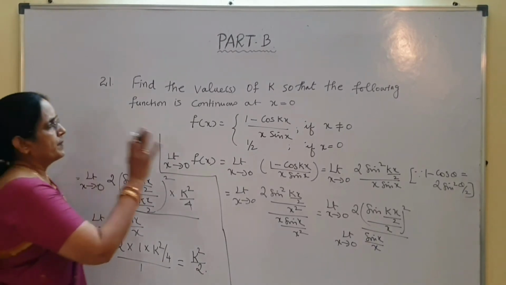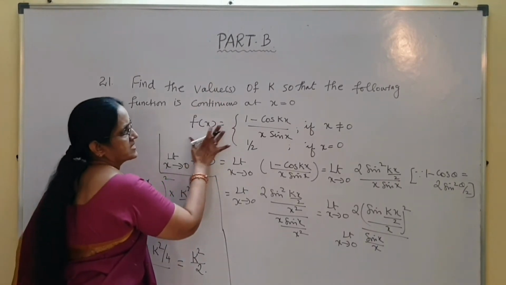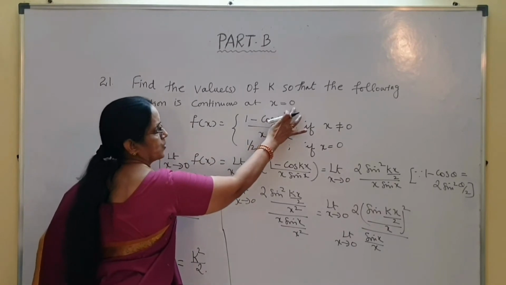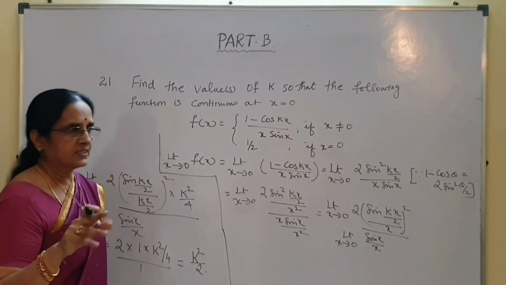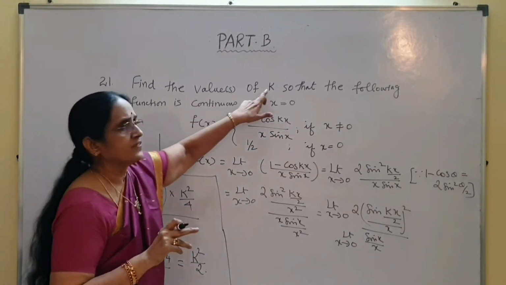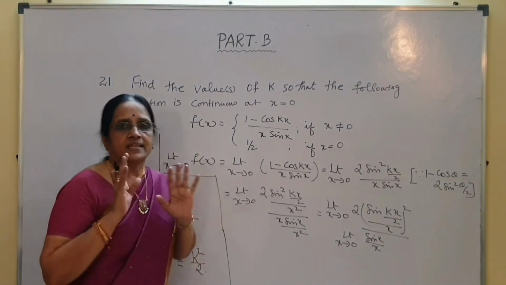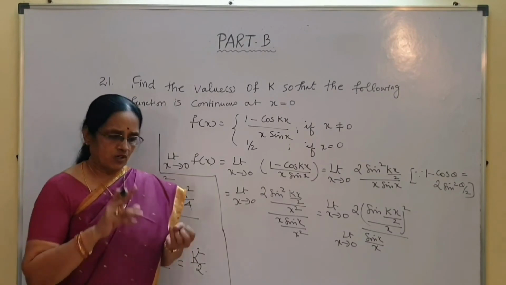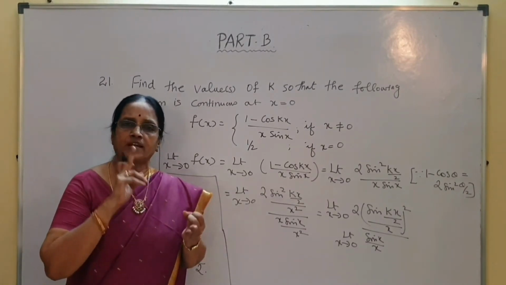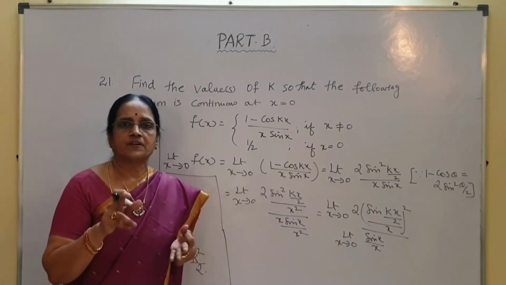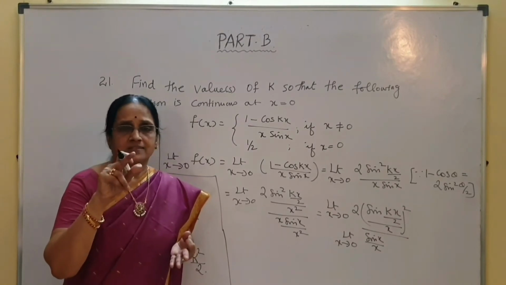Now, you have been given the function is continuous at x is equal to 0 and you need to find the value or values of k. I told you in the start of this particular sum, the given function is continuous only when its left hand side limit is equal to right hand side limit is equal to the value of the function at the given point.